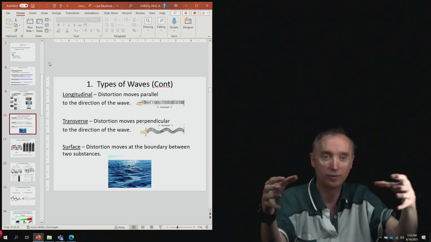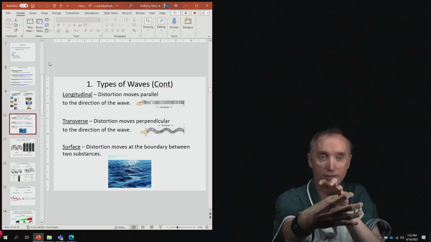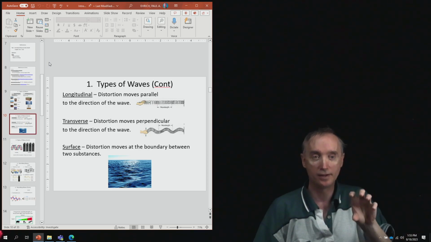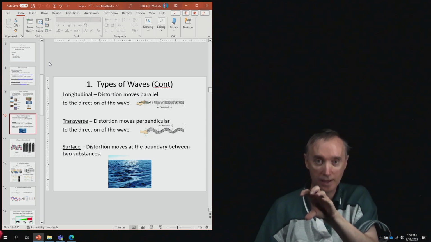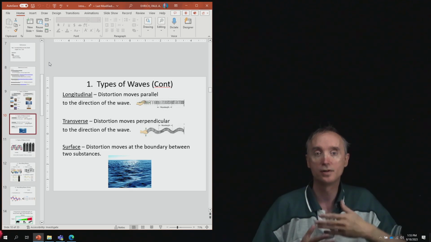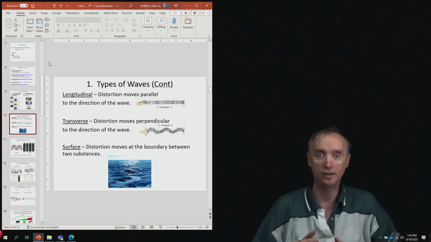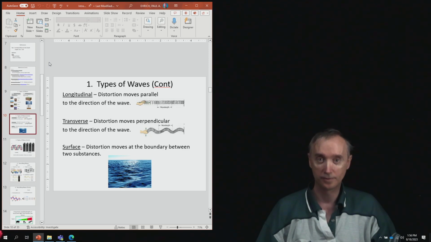So let me rotate my slinky around like this so it's going towards you. And now I'm going to go like this with it. And then that's going to make another pulse that is going to travel down the slinky, and that one's going to be called a transverse wave. And so all light waves are transverse.